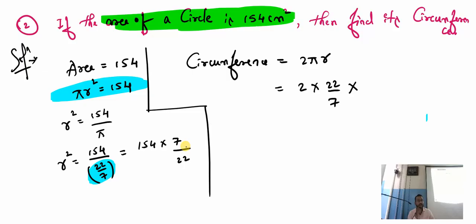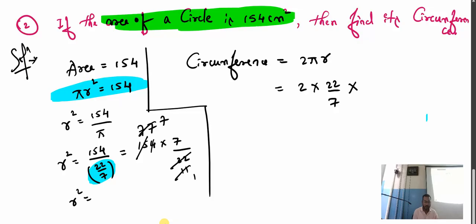Does it get cancelled? Yes, sir. 2 ones are 2, 2 sevens are 14, remainder 1, 14. 2 sevens are 14. 11 ones are 11, 11 sevens are 77. So r square is 7 into 7, 49.